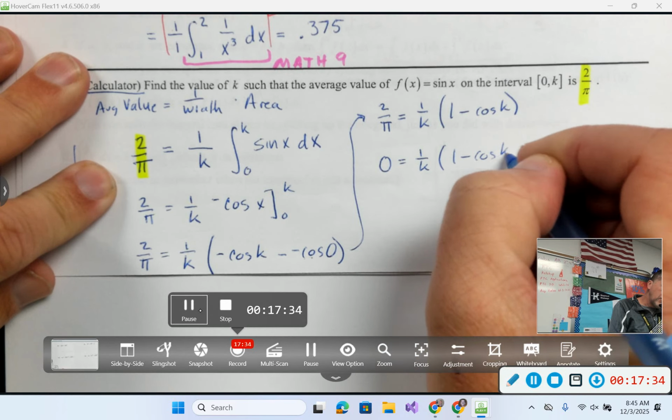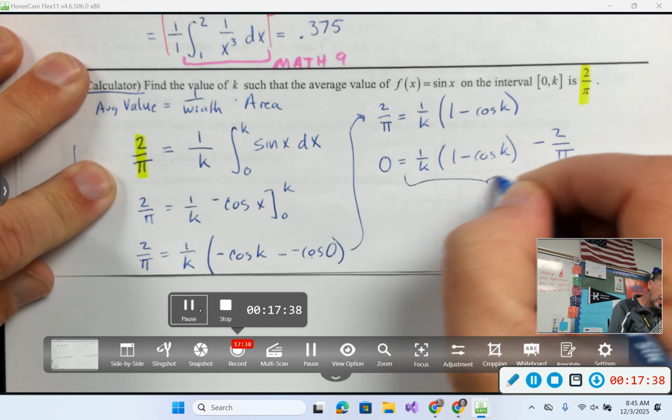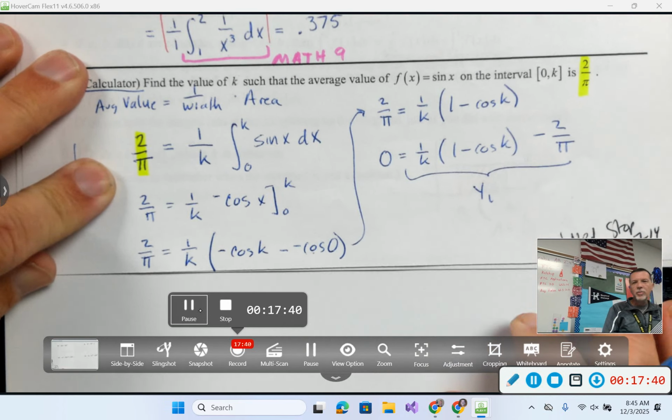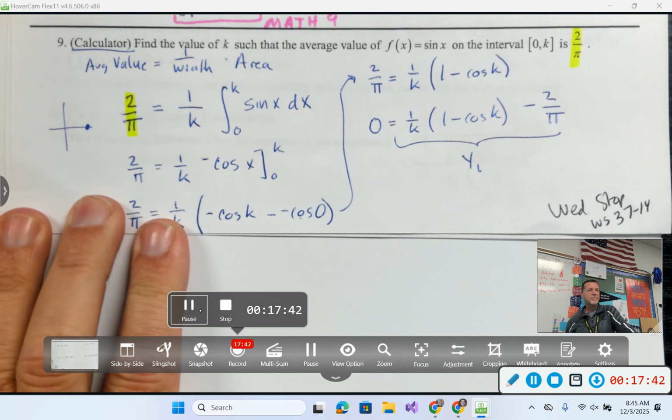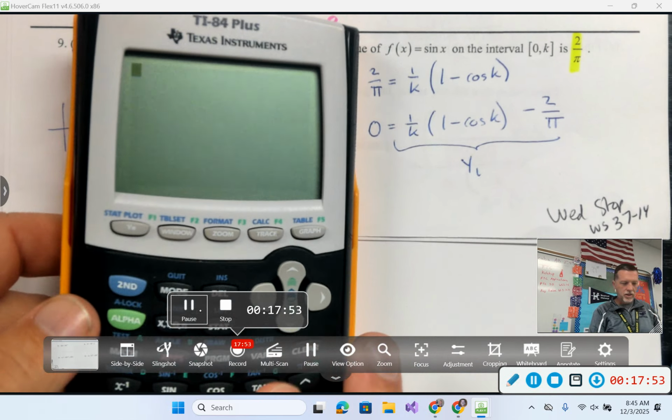I'm going to move the 2 over pi over like this, and then put all that in for y1. Then I'll be looking for a 0 of that thing, because my calculator can find zeros.